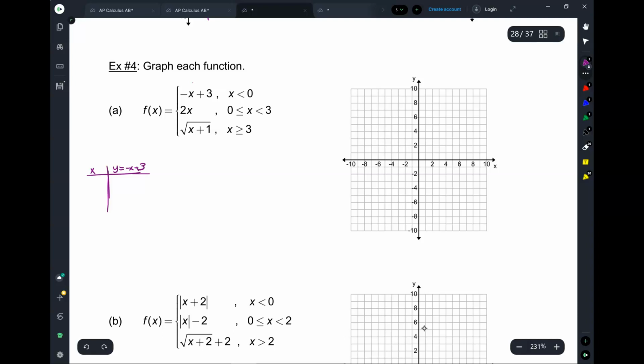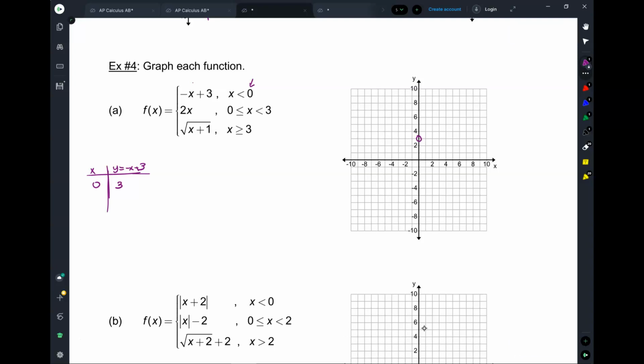What x value should I put in there? Where's the endpoint? 0. Because the endpoint is at 0, I put 0, so I get 3. So when x is 0, y is 3, and it's an open circle.